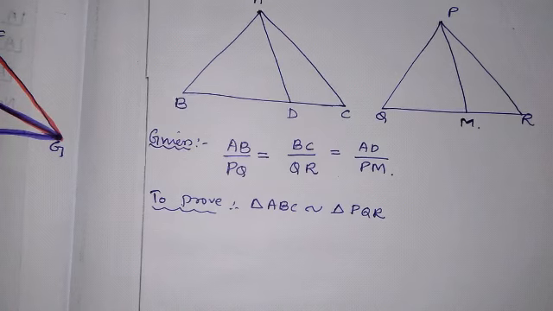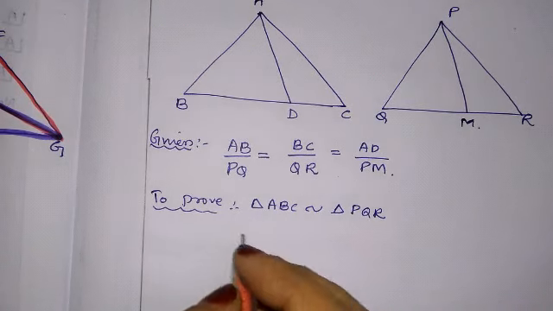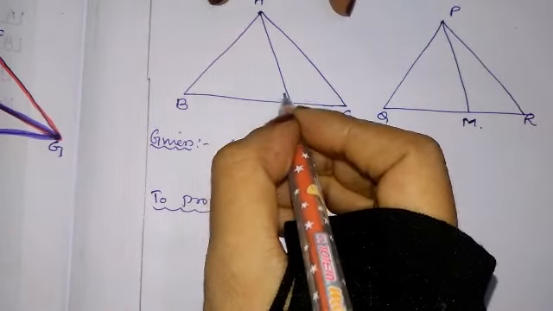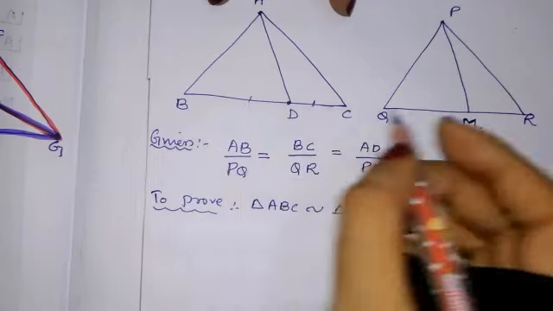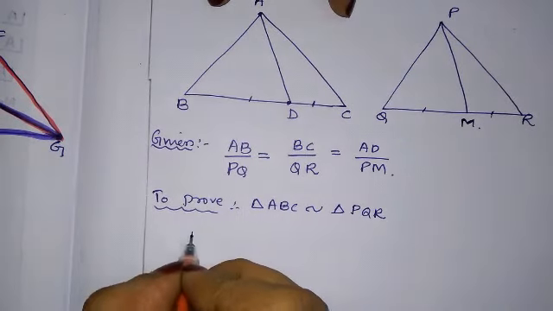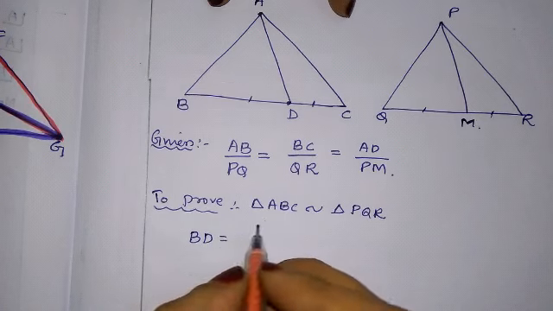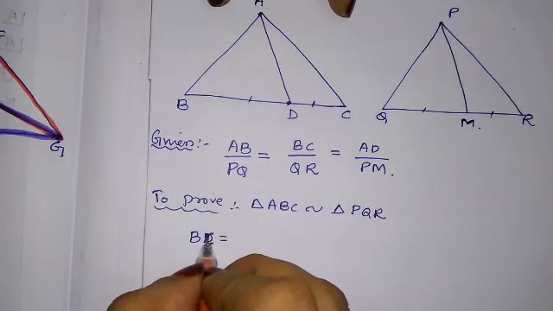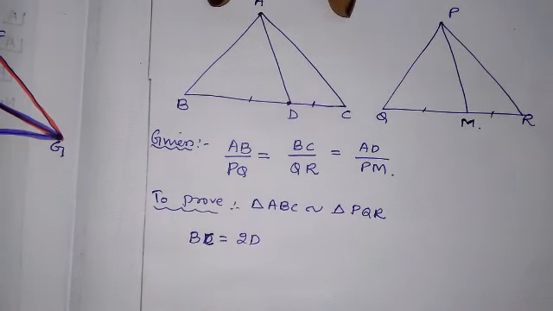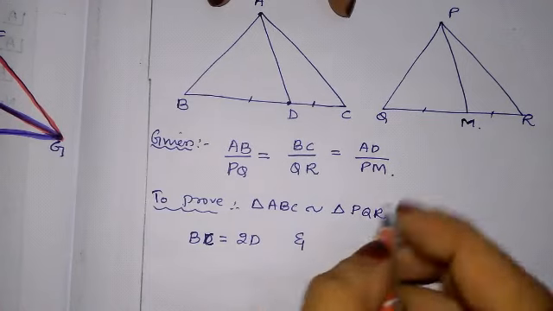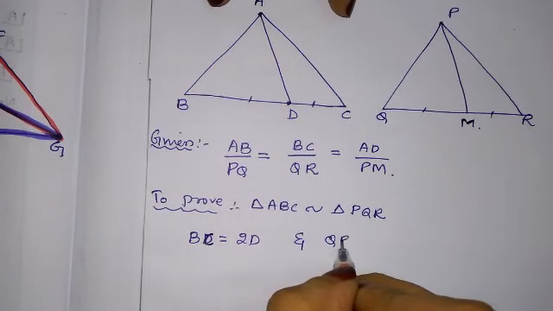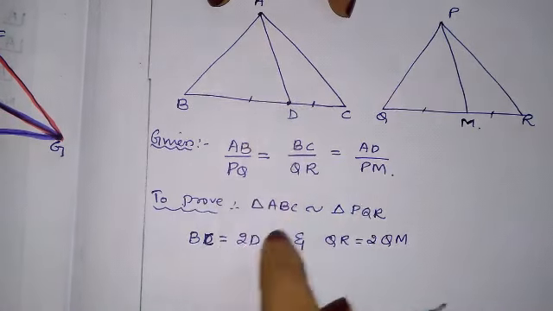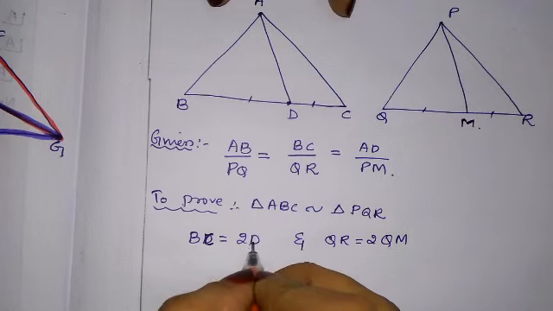Let us start the proof. We know that this is BC. A median divides it equally, so these two are equal. This is also equal to this. BD is equal to half of BC, so full BC is equal to 2BD, and full QR is equal to 2QM.